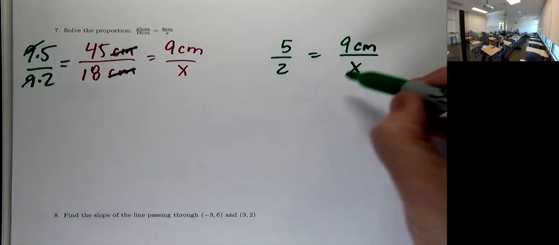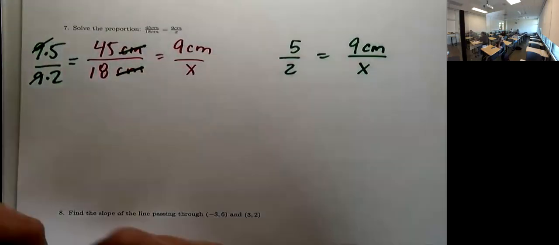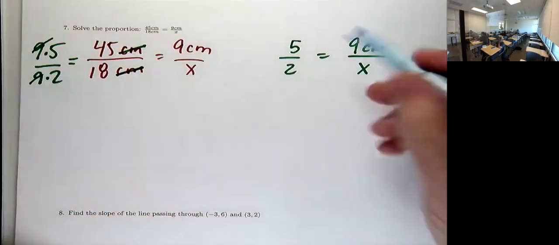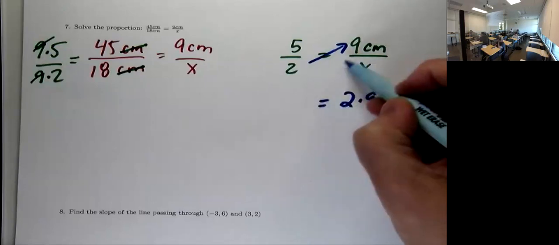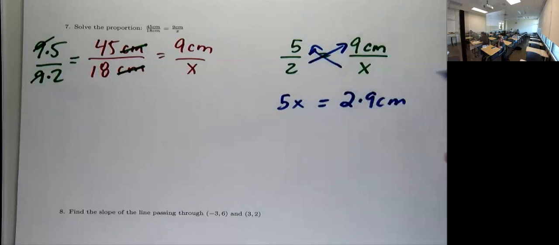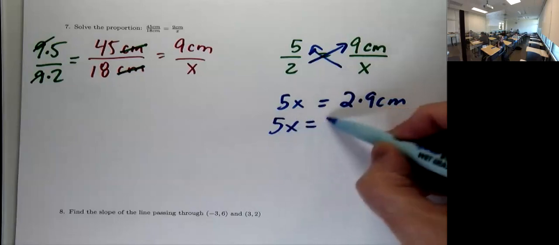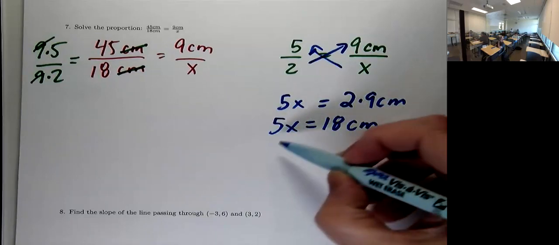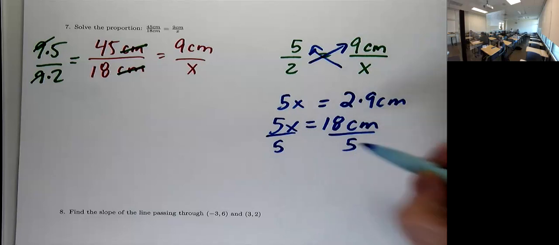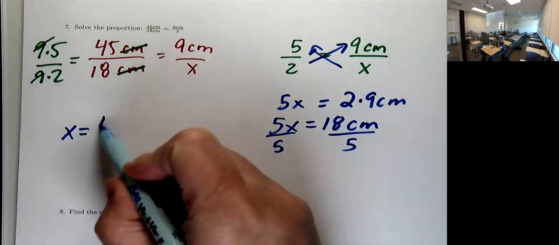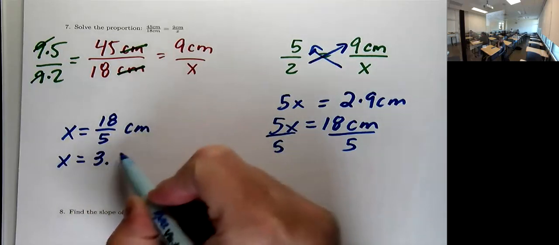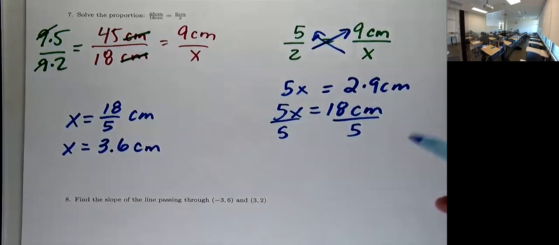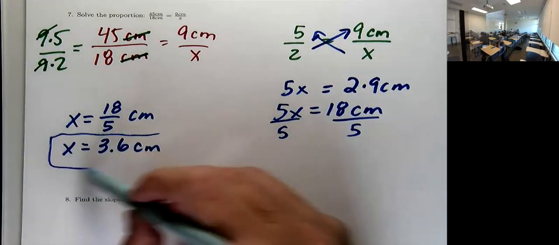If I cross multiply here, I get 2 times 9 centimeters on the right, and x times 5, or 5x, on the left. So 5x equals 18 centimeters. I divide both sides by 5, and x equals 18 over 5 centimeters, which is 3.6 centimeters. That's probably a better form of the answer.